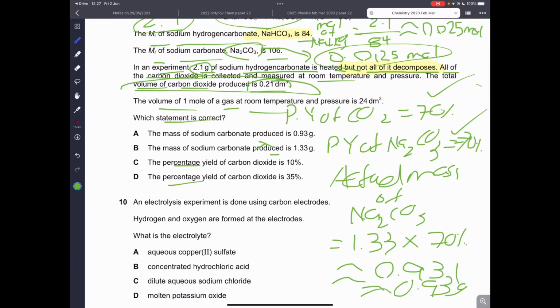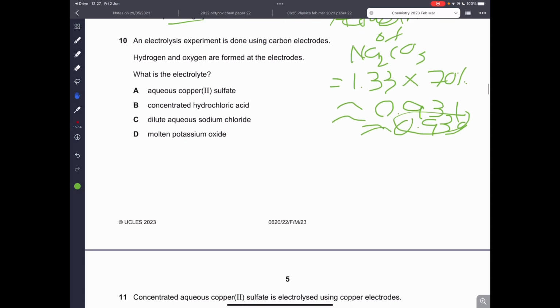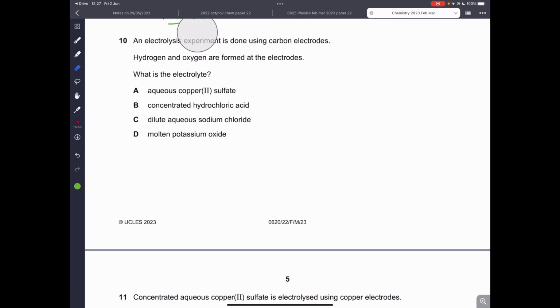So this is going to be our final answer. And so it is correct. The mass of sodium carbonate produced is 0.93 grams. Okay, now that was a very difficult question with lots of steps, but I hope you understand it.